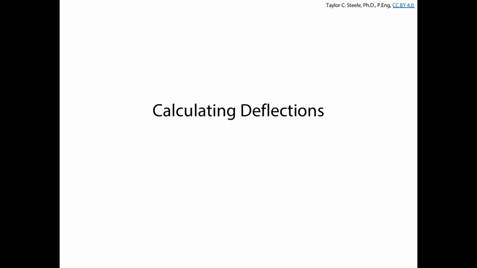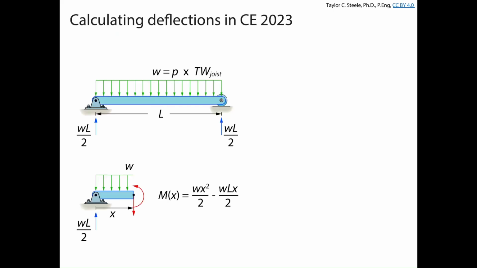Okay, so the 7 of you who said I would do integration of the M over EI diagram twice and apply boundary conditions to get my maximum deflection. For a simple beam with uniformly distributed load, you'd be doing something like this, right? You'd get the load on the joist from the tributary width and the uniform pressure that's applied to the floor area.